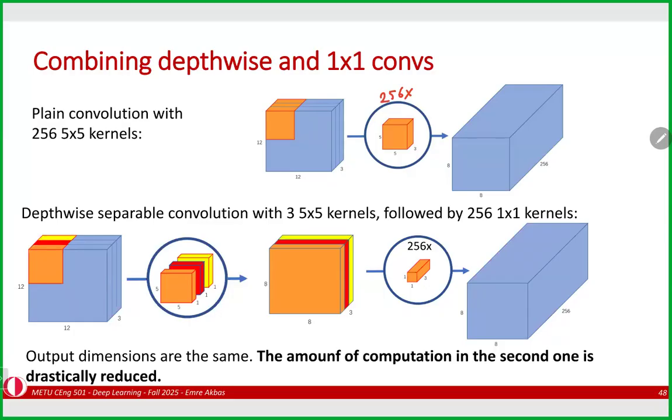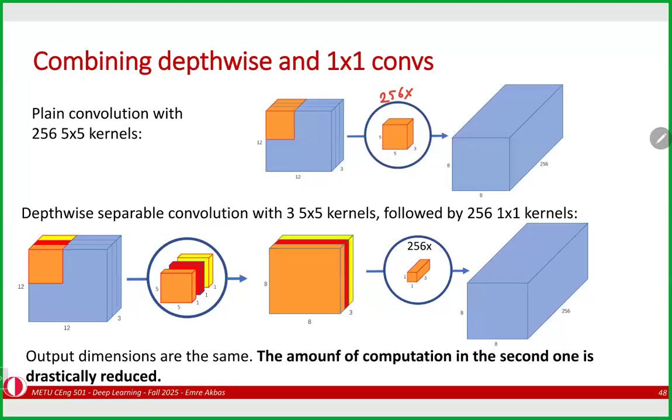This is the plain convolution that we know. But you can achieve the same effect. I mean, you get the same output by depth-wise convolution first, and then 1 by 1 convolution next. So depth-wise convolution, and then 256 1 by 1 filters, you would get the same output shape.